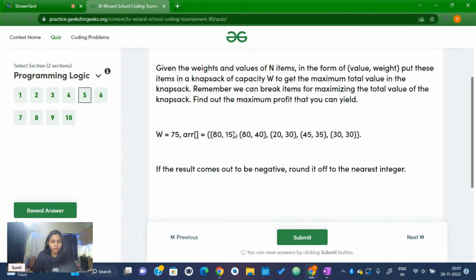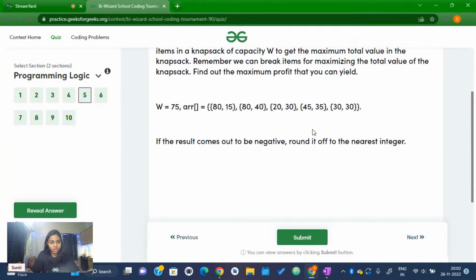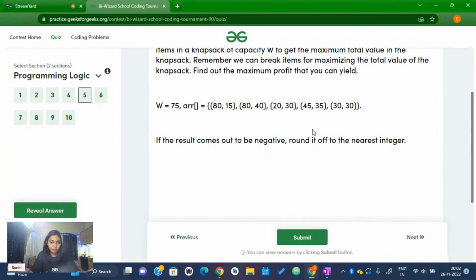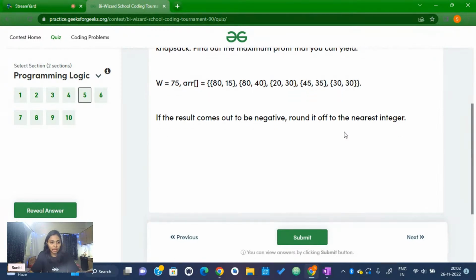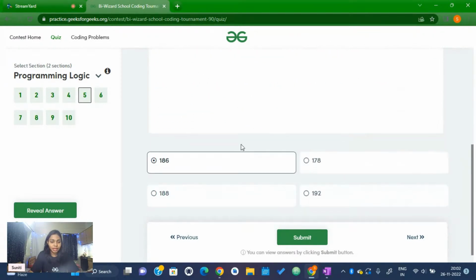So we need to find the maximum profit that you can yield. This is the data that is given to us. If you apply that famous DP approach of the fractional knapsack, you will get the final answer, and that answer is going to be 186. So that is just the DP algorithm that we have for the fractional knapsack. Applying that, you will get the answer.